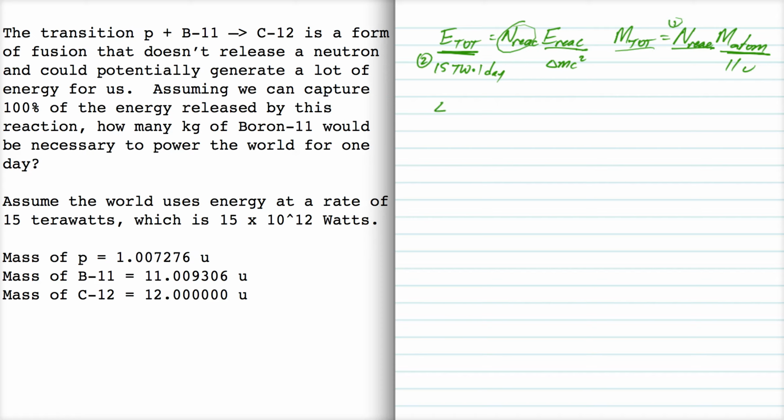Alright, so we're going to start by finding delta M. Delta M is input minus output. So the input, we've got a proton plus boron 11, 11.009306, and then we're going to subtract carbon 12.